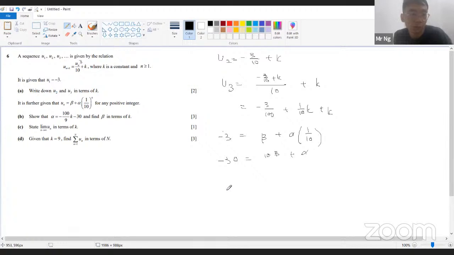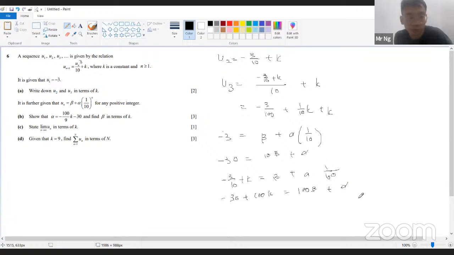Because there's no u0, so I don't want to use u3, complicated, so I will use u2. So u2 is minus 3 over 10 plus k equals to beta plus alpha, then 1 over 10, then square, so 100. So times 100, minus 30 plus 100k equals to 100 beta plus alpha.